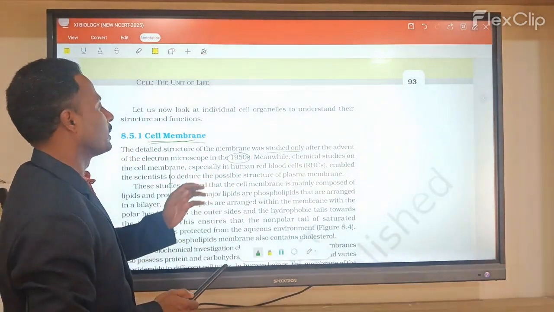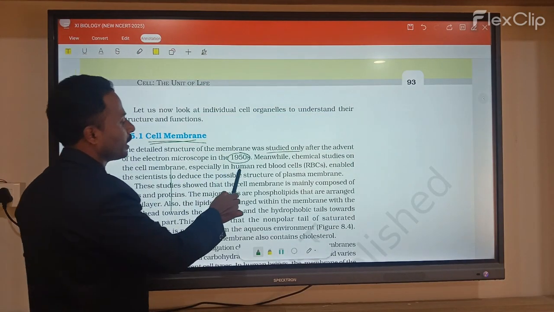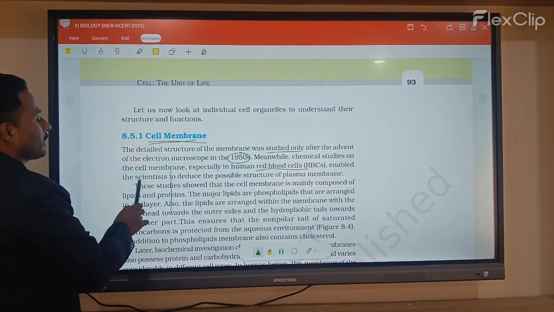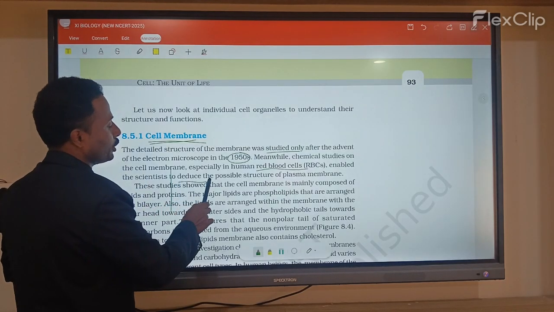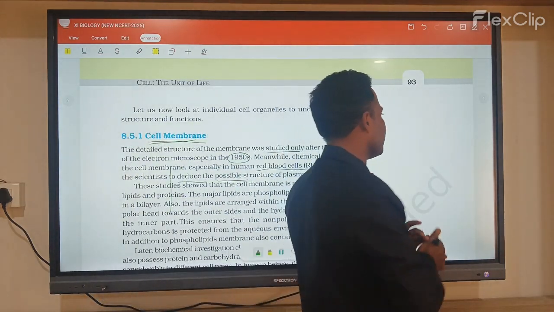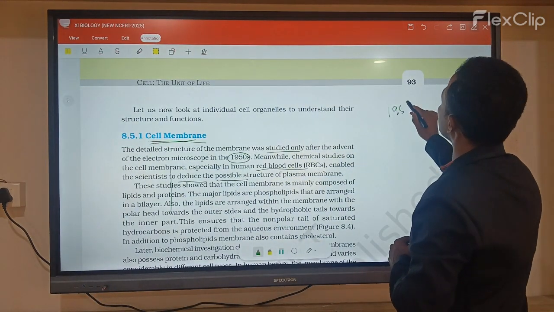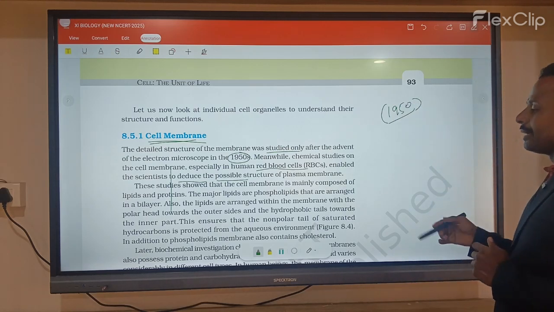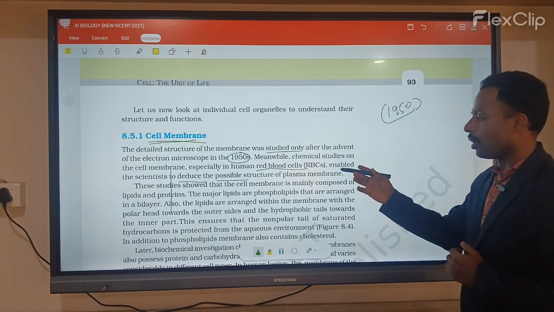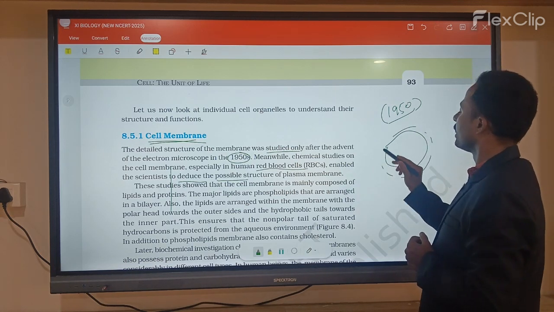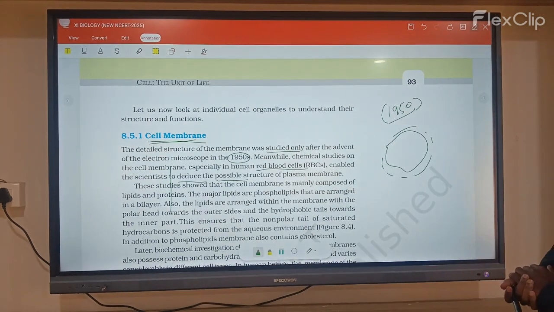The chemical study of the cell membrane, especially of human red blood cells, RBCs, enabled scientists to decide the possible structure of the plasma membrane.